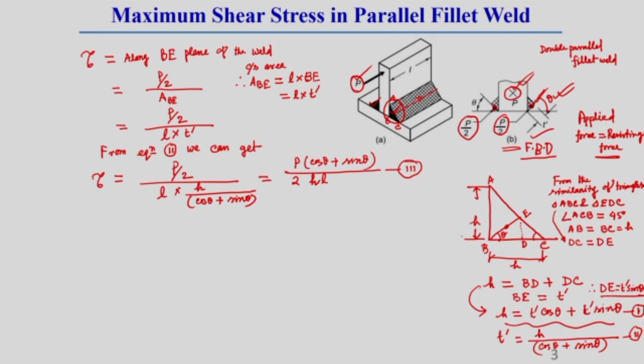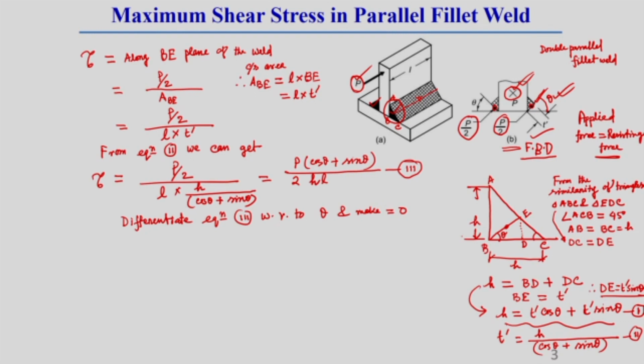Now, to find out the angular position of this maximum shear stress, or we can say to find out the maximum shear stress, what are the things required to do? We have to differentiate equation 3 with respect to theta and make it equal to 0. Then what we can get?